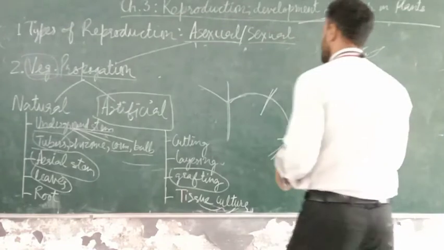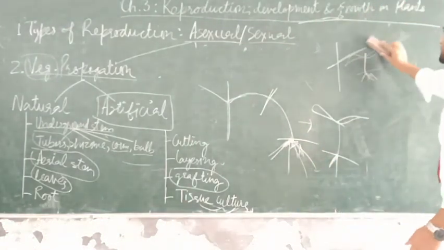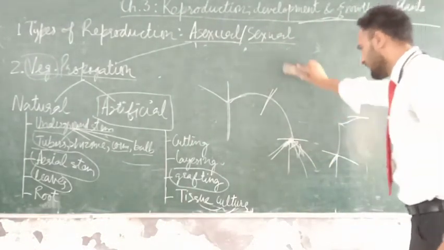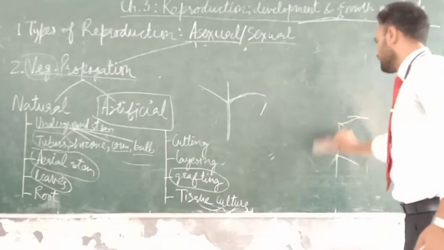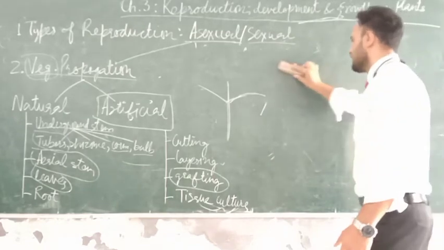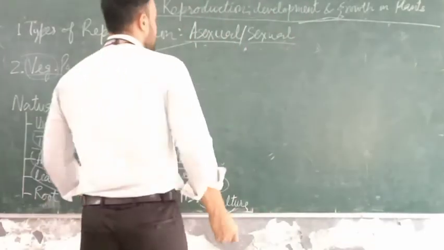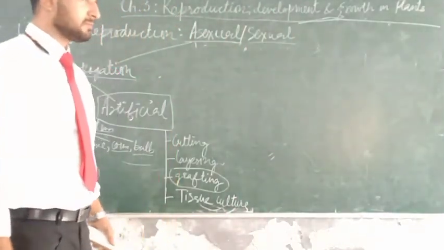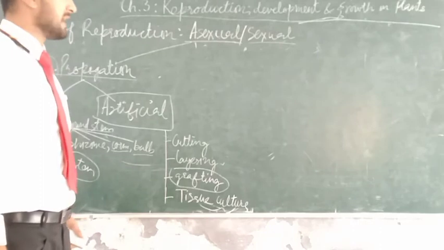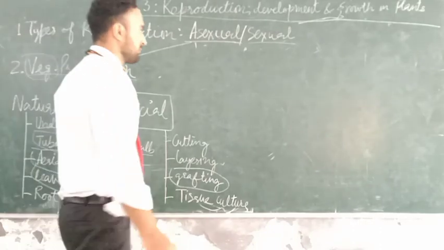The third type of artificial vegetative propagation is grafting. In grafting, two plants are involved. There is a fusion of two plants. One plant is called the scion, and the other plant is called the stalk.